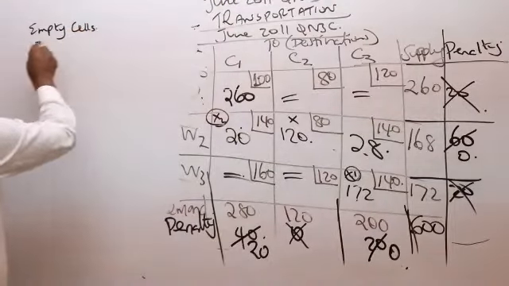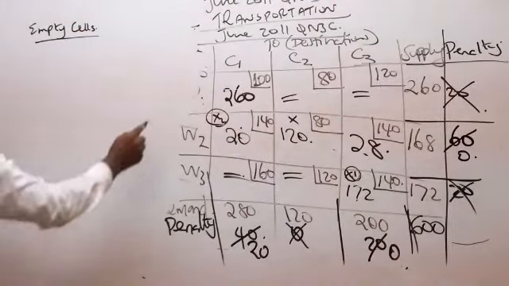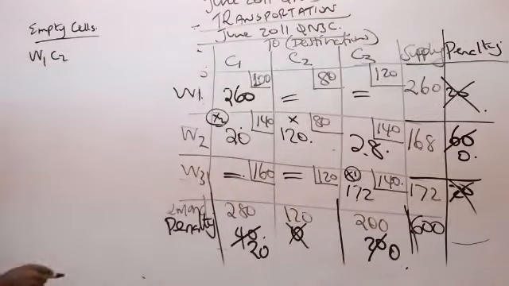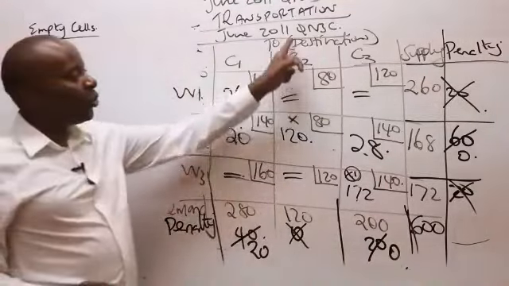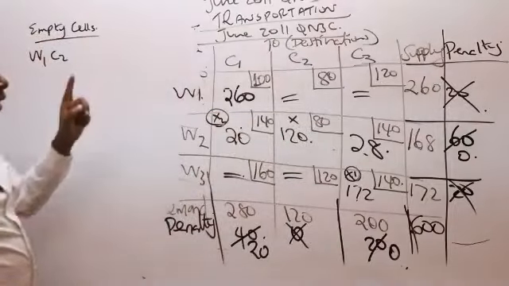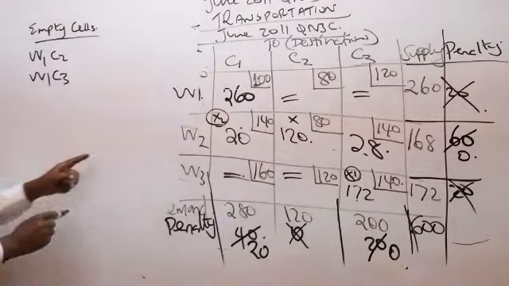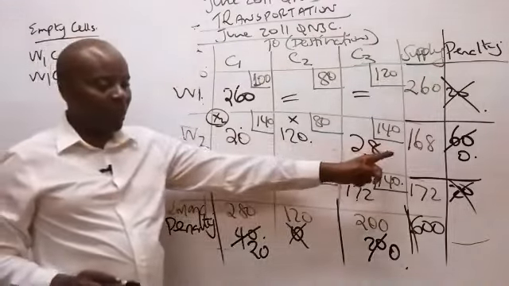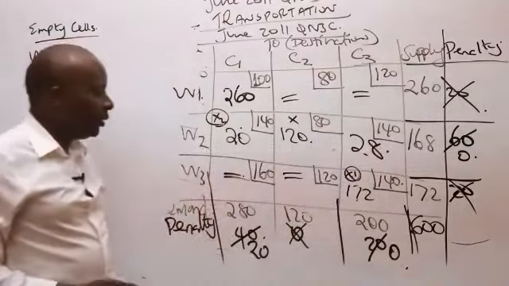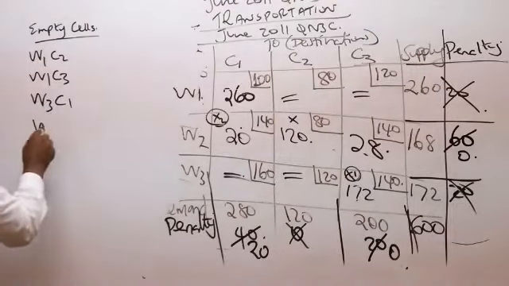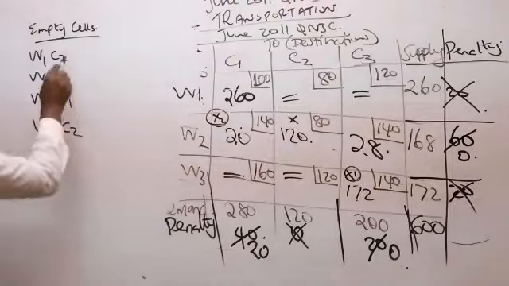So we have W1C2, W1C3. W2, I can't see an empty cell there. We have W3C1 and W3C2.